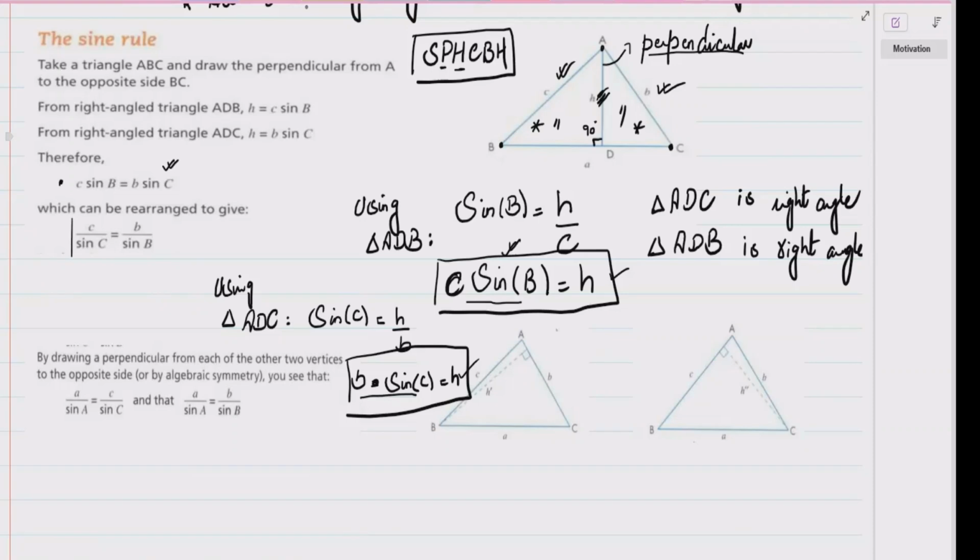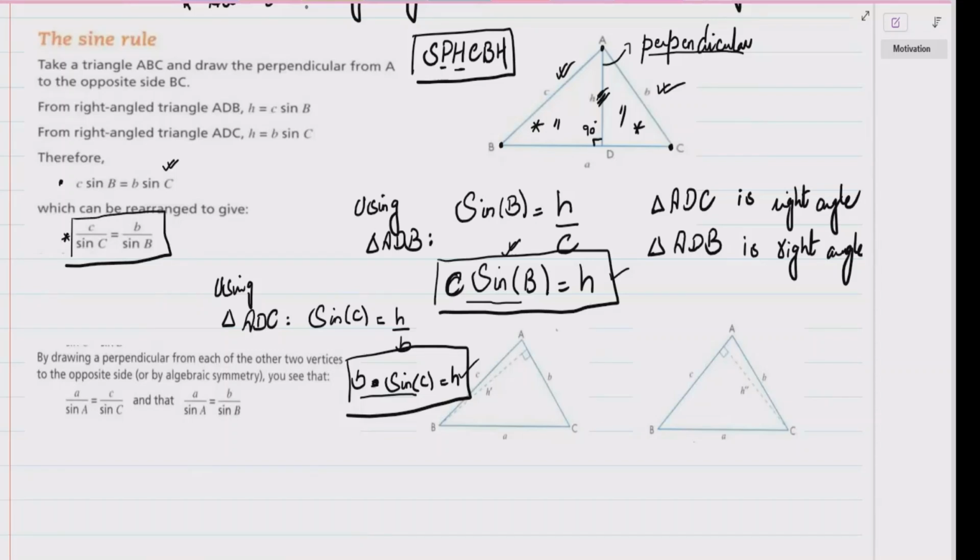So we got this formula, c upon sine C equals b upon sine B. Please note that whatever angle we have below, the same side we have above. See, we got this formula.